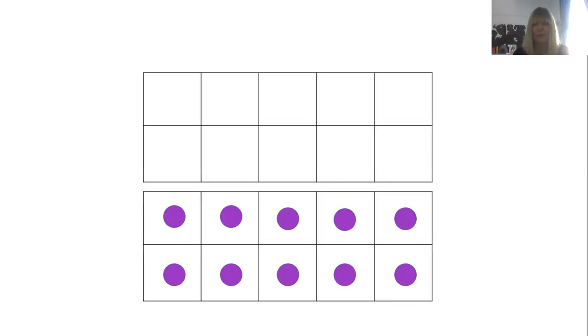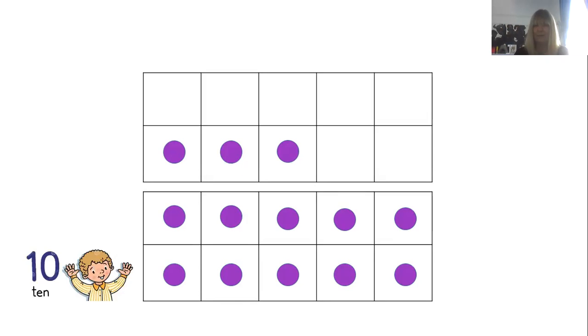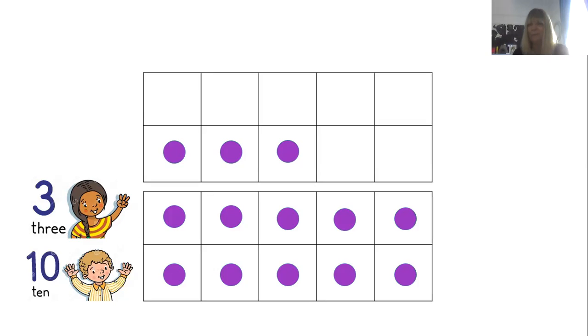And how many more have we got? 11, 12, 13. I think that would mean we'd be showing 10 fingers, just like this little boy here, and 3 fingers, just like this little girl. 10 and 3 together make 13.